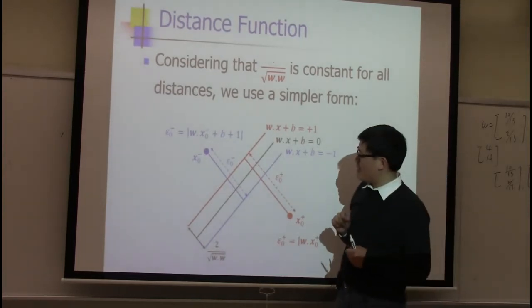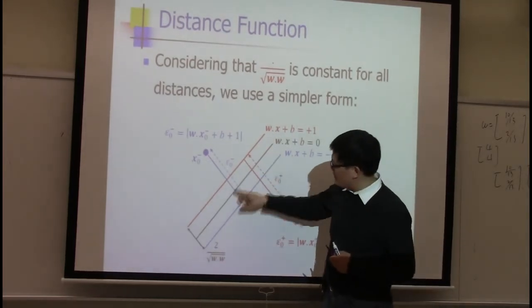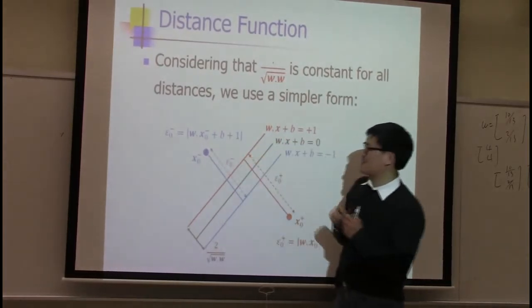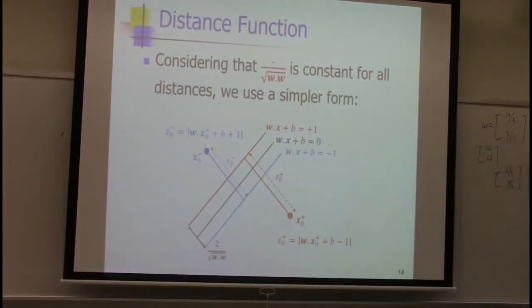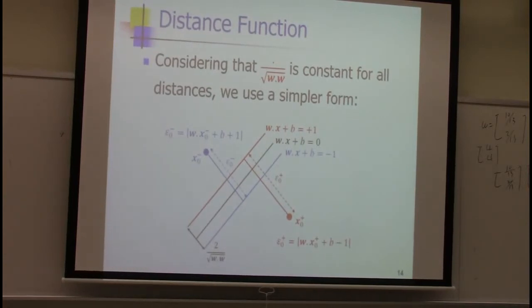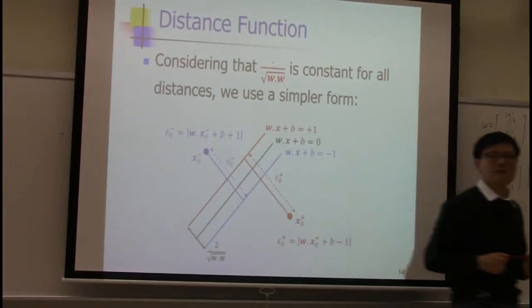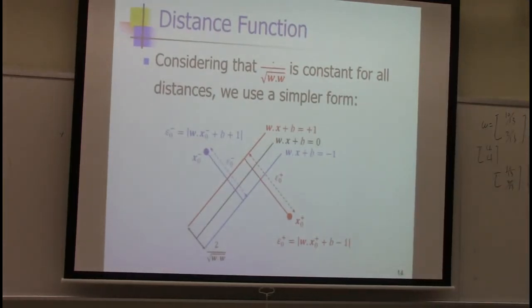And the error for this negative point is this distance, epsilon 0 minus. Okay? And this is the equation. So the distance tells us how confident we are in classifying a point. The distance can also tell us the classification error if a training point is on the wrong side of the classifier.